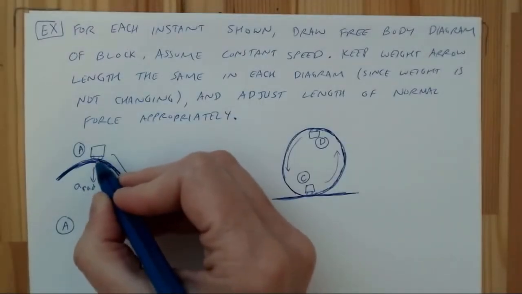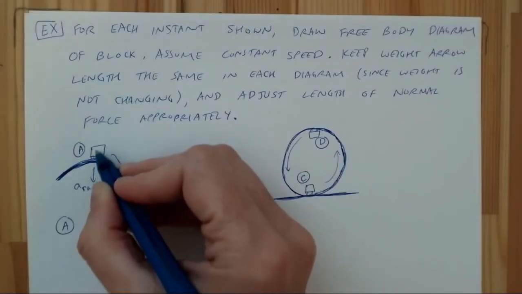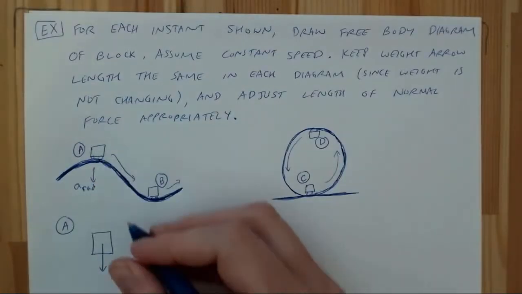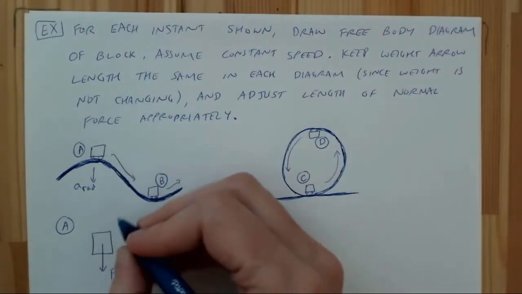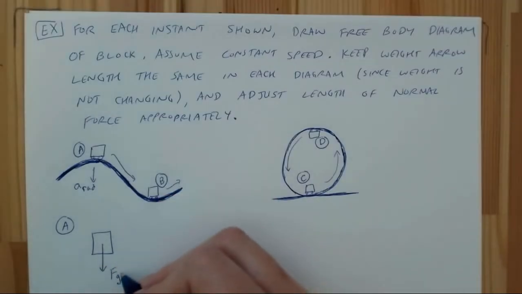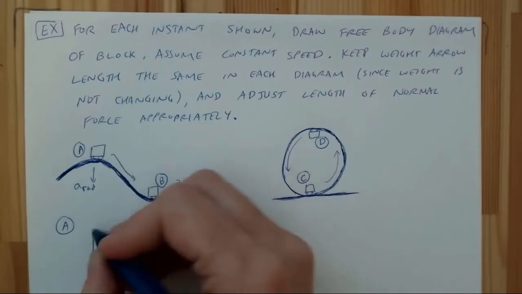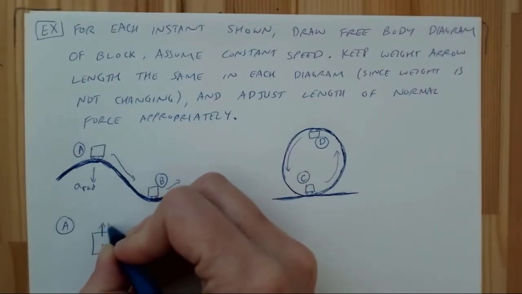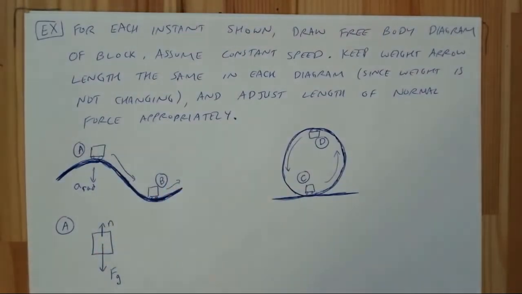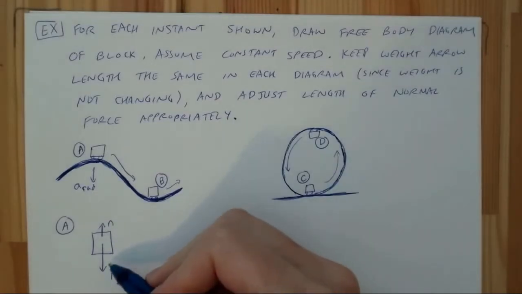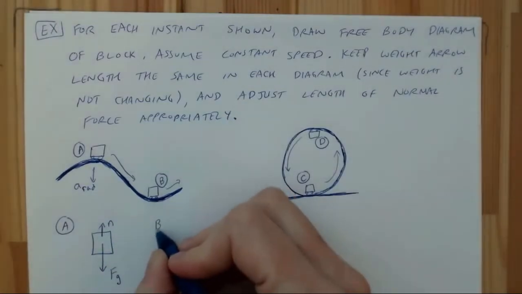Well, the normal force in this case, it's the ground and the car, it's the contact force between them. So it's going to have to be upward for this geometry. And we know that the net force has to be down because that's the direction of the radial acceleration. So now we know that we have to have some sort of smaller normal force arrow relative to our weight.